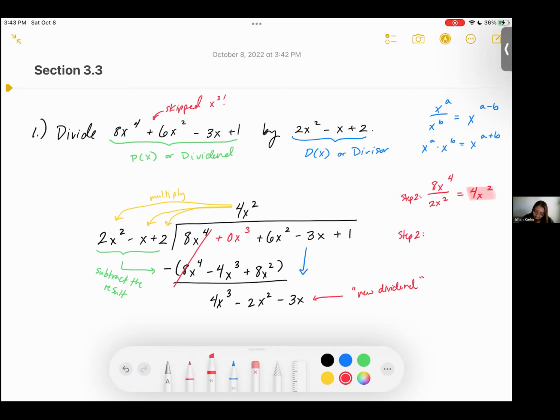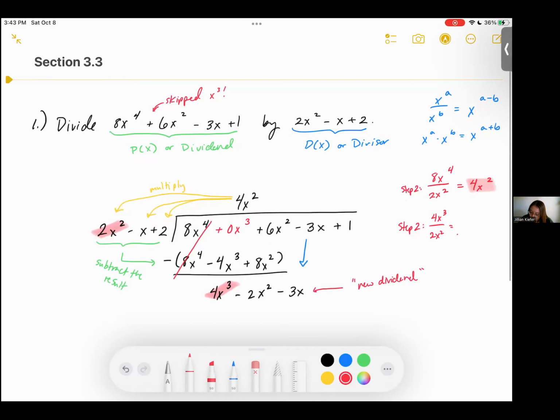We divide the leading term of the new dividend by the leading term of the divisor. So we are going to have 4x to the power of 3 divided by 2x squared. So 4 divided by 2 is 2. And x to the power of 3 divided by x to the power of 2 would be x.